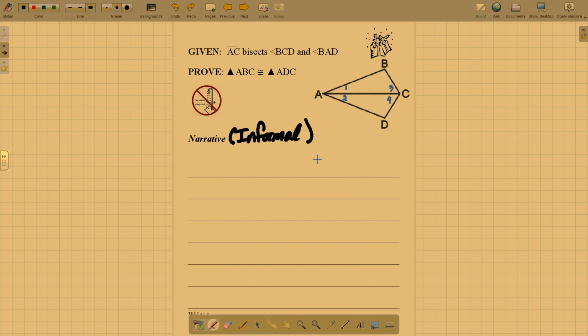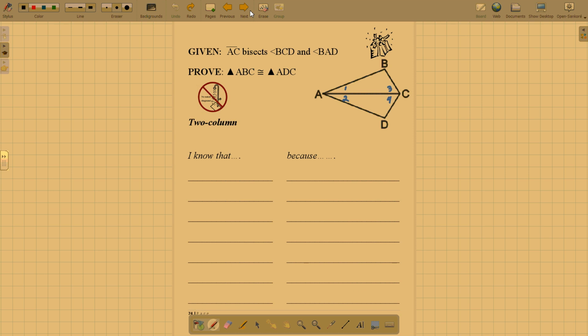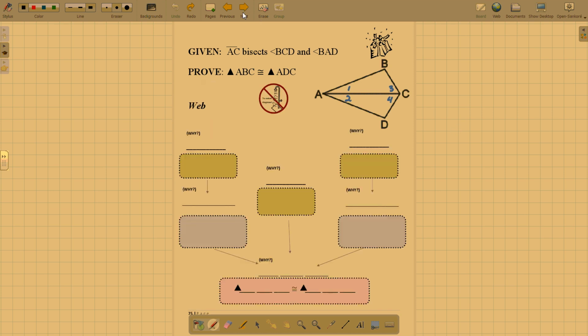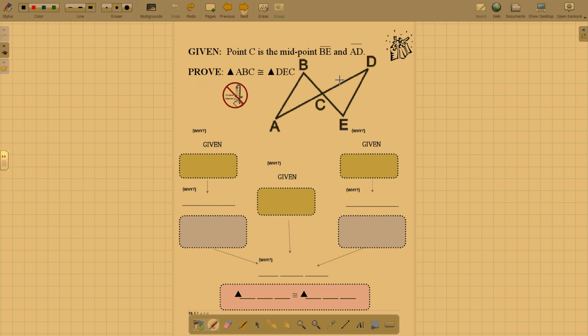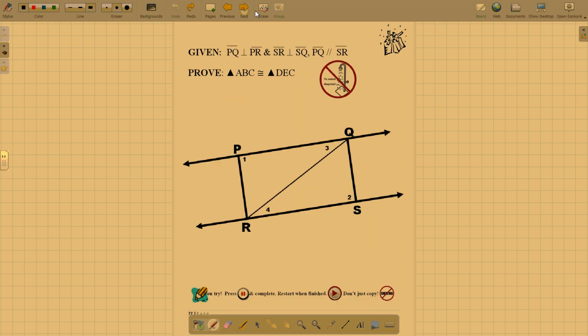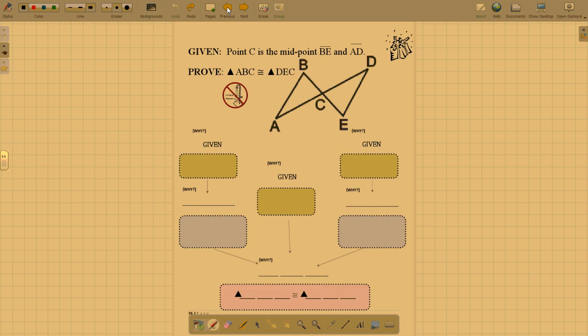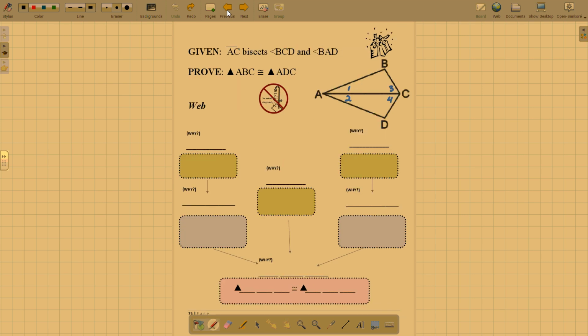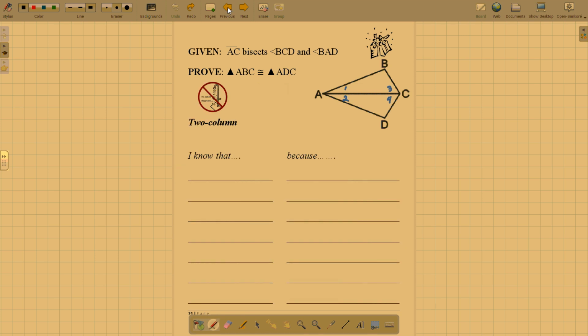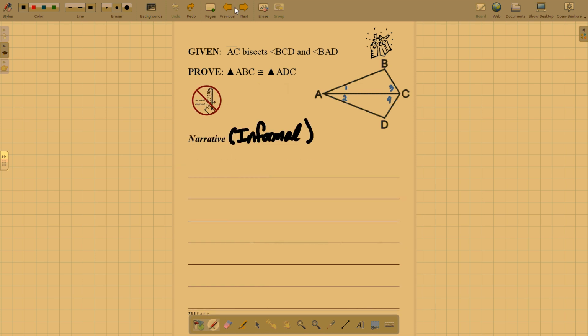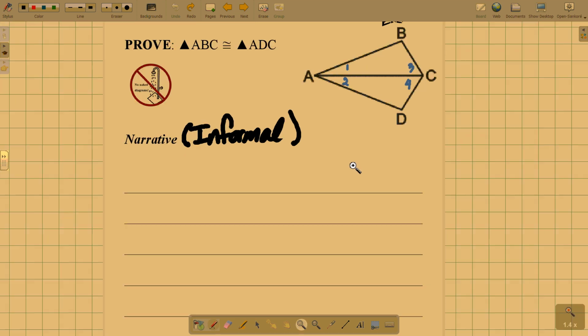Then you have your two formal proofs, and they are the two-column and the webbing. Two-column and webbings are much more structured. So let's go over the informal here one more time.